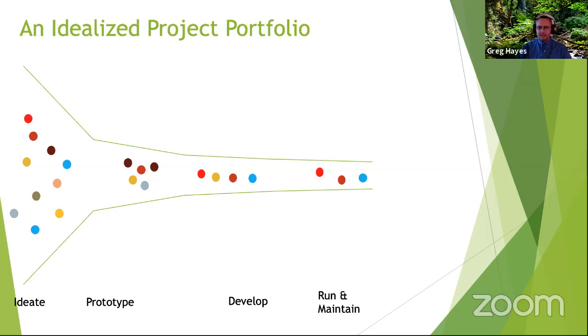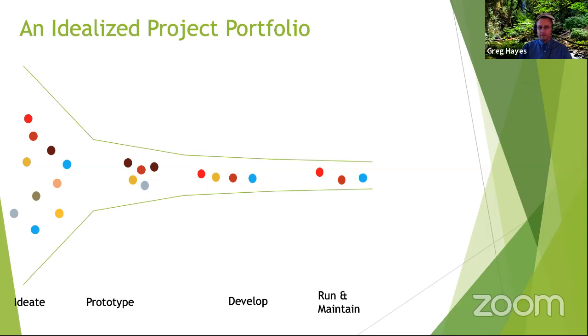And in the idealized state, you can have 3 stages or 4 stages or 5 stages, but in an idealized state, companies want to collect a large number of different ideas. They want to put them into a funnel. And then they want to choose the ones that they think have the greatest opportunity for adding business value.